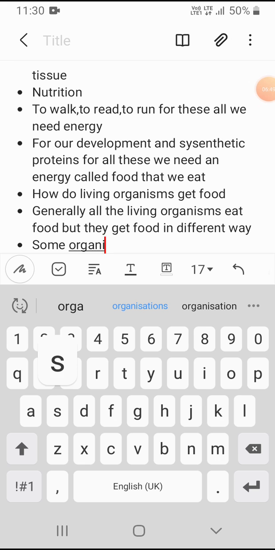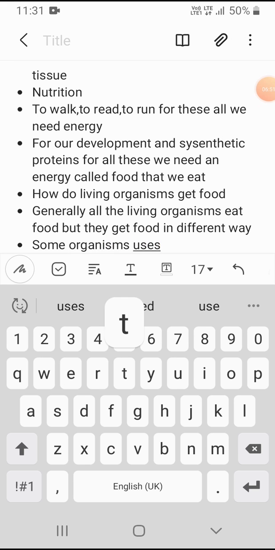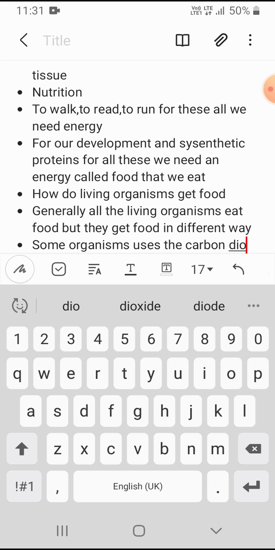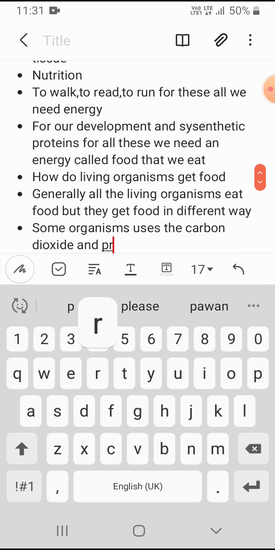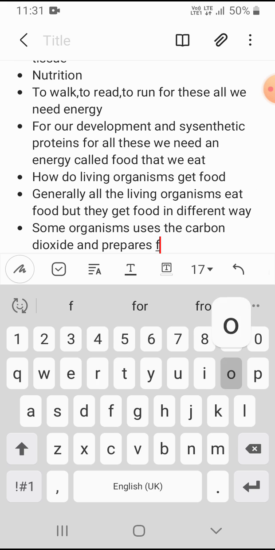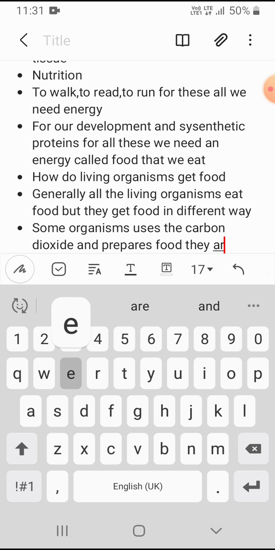Some organisms use carbon dioxide and prepare food. They have autotrophic nutrition. They are autotrophs.